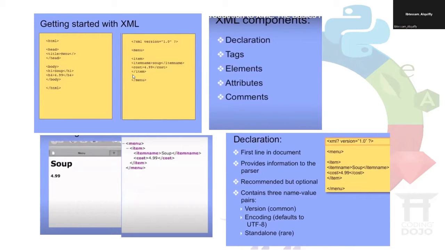When we load this page into our browser, it comes up with a menu; under the menu there's an item, and under the item there is an item name called soup and the cost. These are value pairs inside the web page. So this is XML.